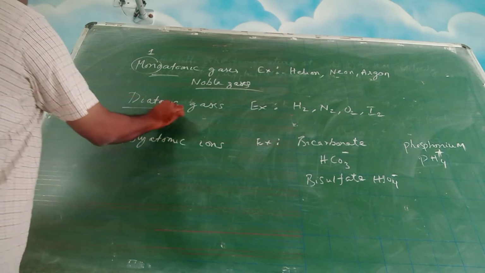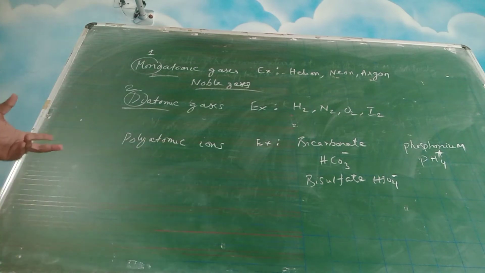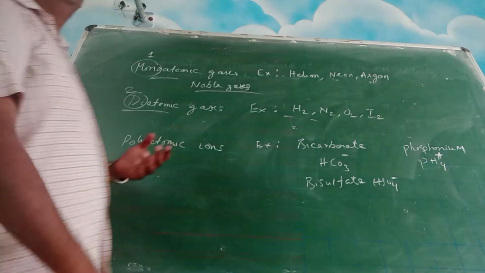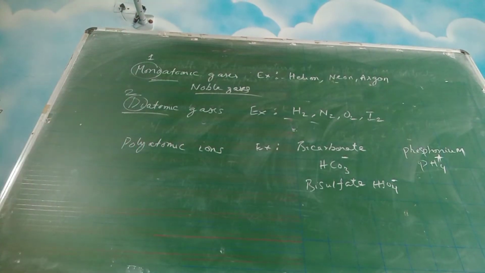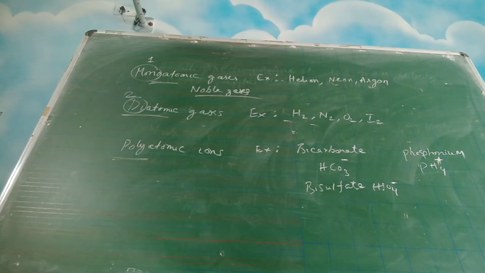Then you will come across the term diatomic. Di means two, so this molecule will have two atoms. It is very evident: hydrogen, nitrogen, oxygen, iodine, all these, H2, N2, O2. Then you have polyatomic ions, like bicarbonates and bisulfates. These are anions. And phosphonium is a cation, right?